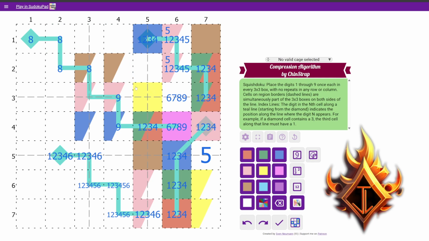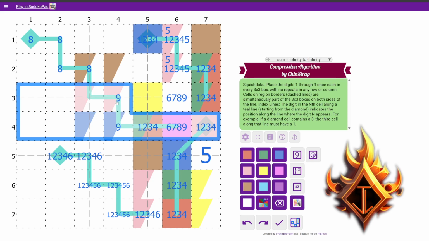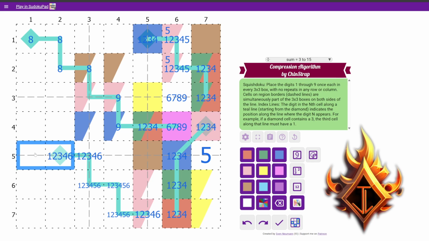Dang, this is confusion. So pink cannot be there, cannot be there, cannot be there, cannot be there, because those both belong to that. Pink isn't one of these, light pink. Blue could be there though. Oh, pink could be there.